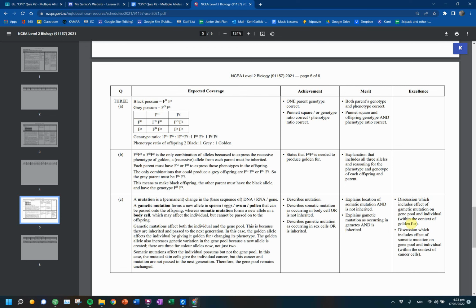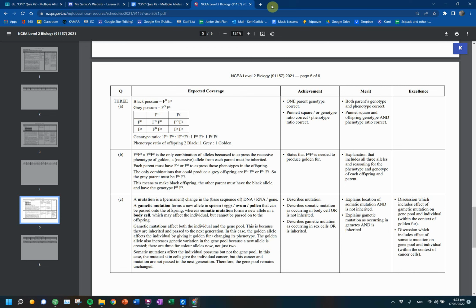You need to go back to the question and relate it. So in this case of the golden fur, some parent needed to have a mutation in their gametic cells, and the offspring born to that were golden, but the parent themselves wasn't golden because it's a new mutation.